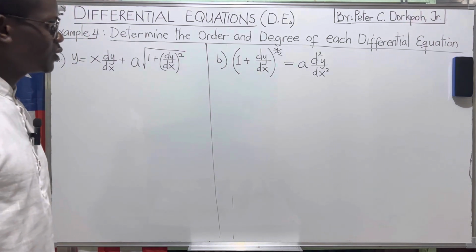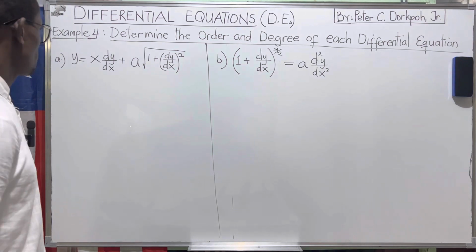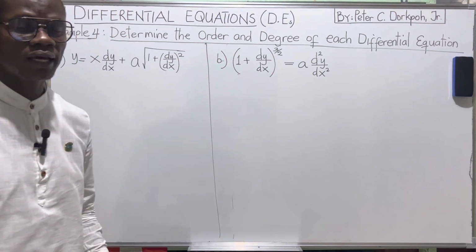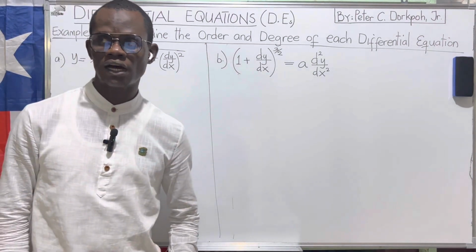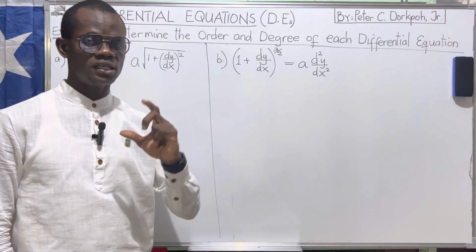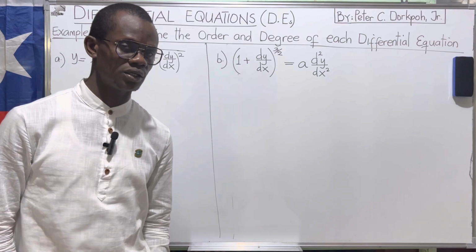Basically, we have a hint that whenever we have a differential equation and we want to determine the order and the degree, the first thing we need to identify is the highest derivative within that differential equation. That's the first and foremost concern.